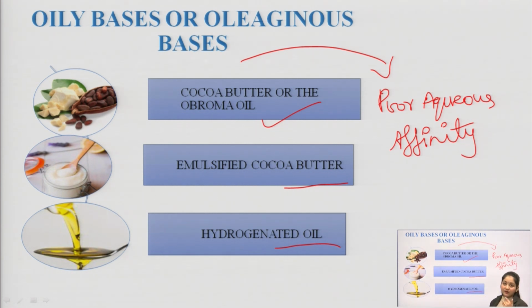Our choice of bases may differ depending on the medications we are using, the area of use, or the storage conditions, because the storage condition of theobroma oil might not be similar to that of hydrogenated oil. So, our selection of bases might vary from medication to medication. These are three important varieties of oily bases.